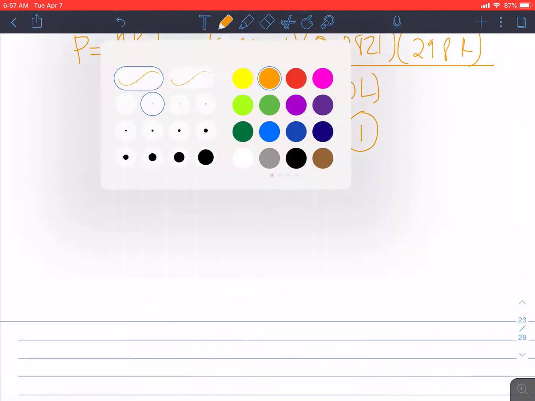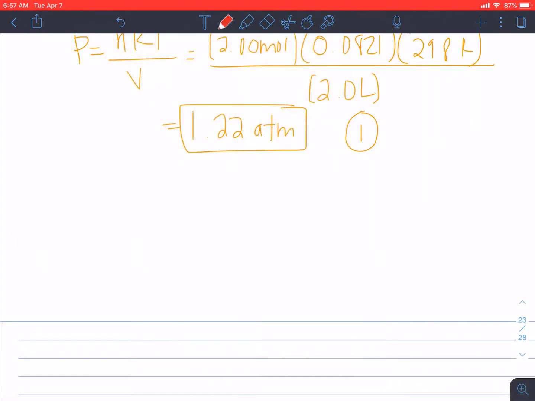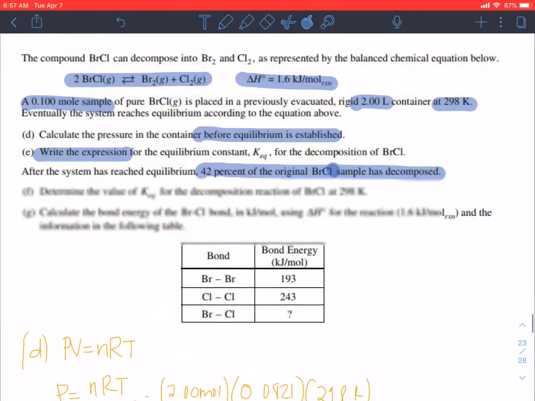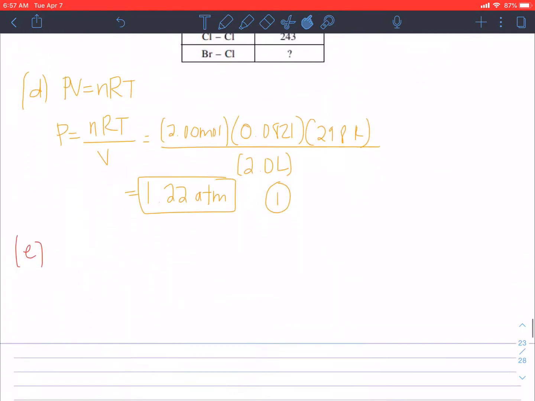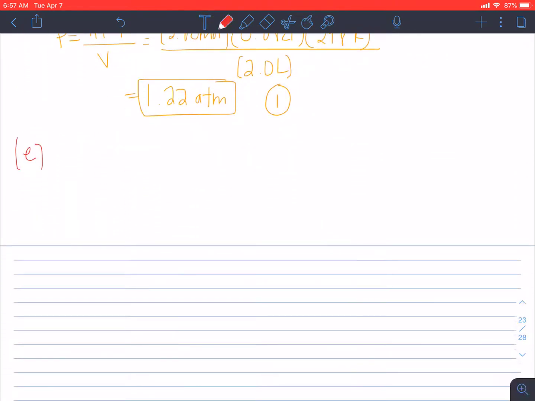I'm going to do the next one in a different color. So E, let's look at what it asks us to do. It says write the expression for the equilibrium constant for the decomposition. On this one, you can either write the equilibrium expression in terms of concentration or partial pressures.